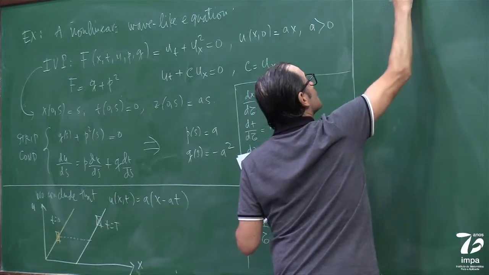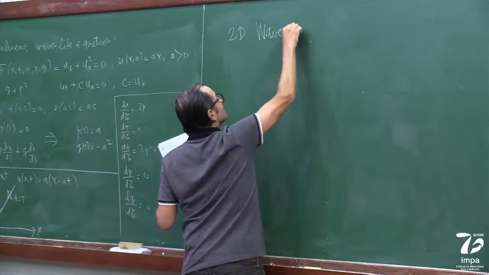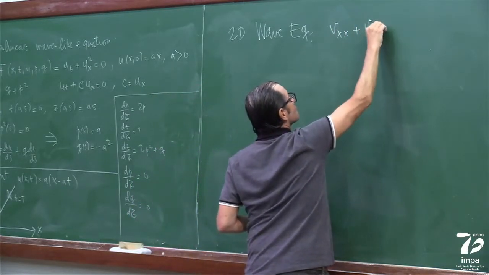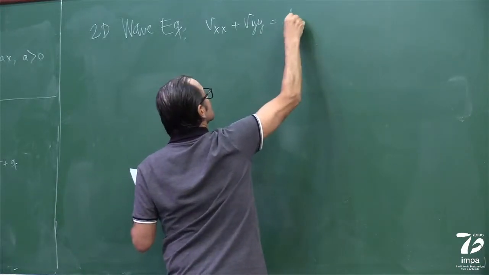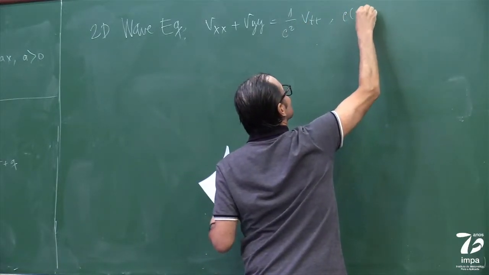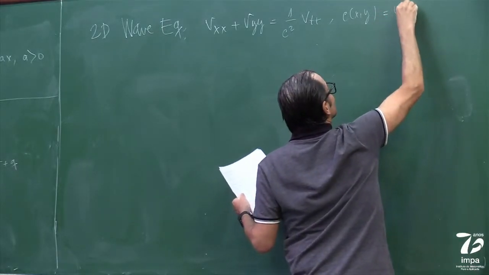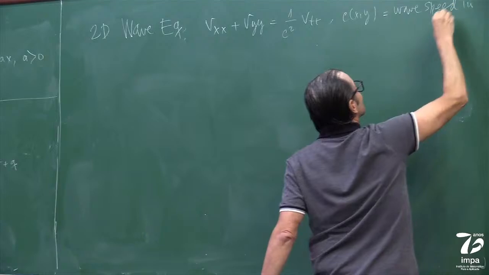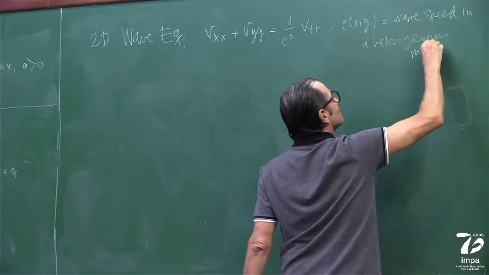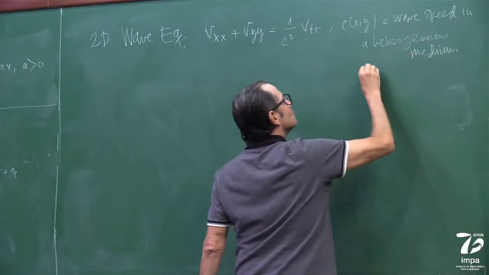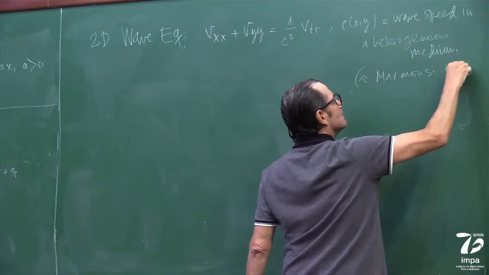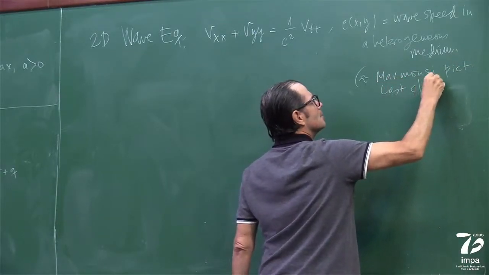Okay, so let's go. Let's take a 2D wave equation, and I'm going to write it like this, because I'm going to be changing variables all the time, in a heterogeneous medium, similar to the Marmousi picture from last class.